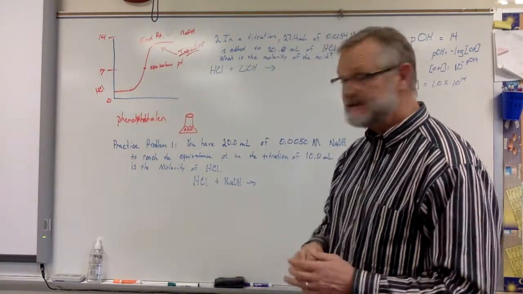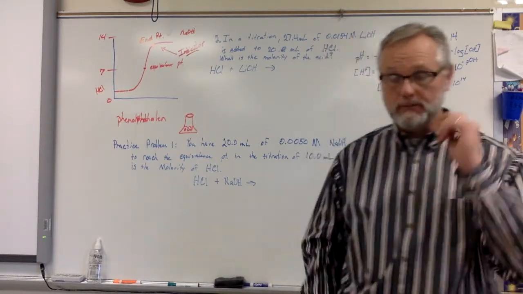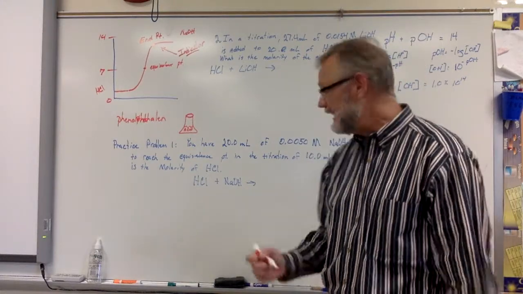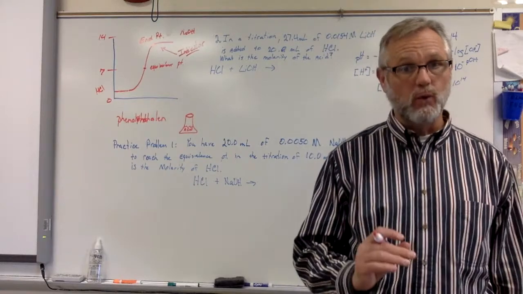All right, with that being said, I want to show you how to work a couple of these problems. Titration problems, very, very simple. What you have to look for in the beginning is to make sure that everything in your balanced equation is a 1-to-1 ratio.